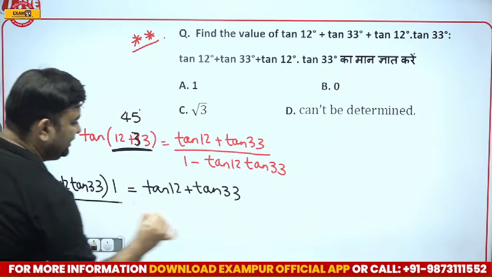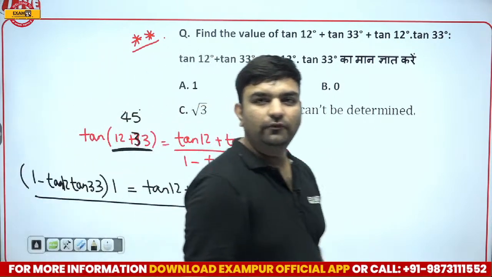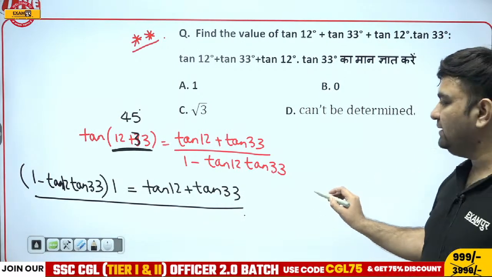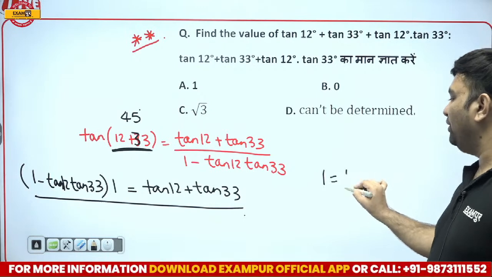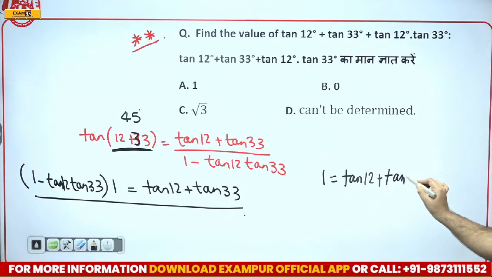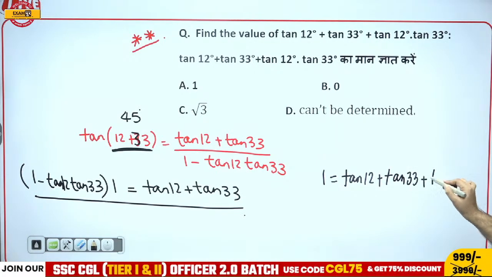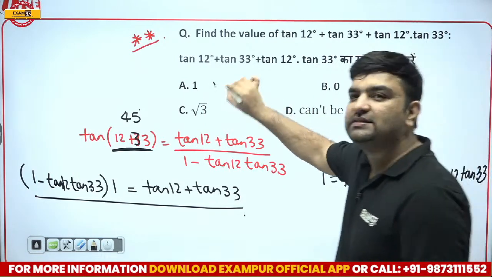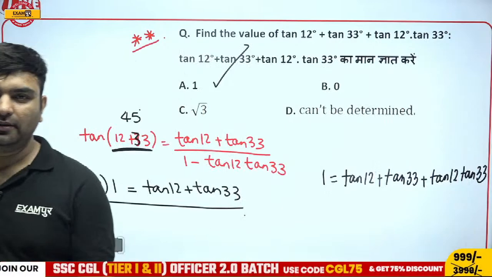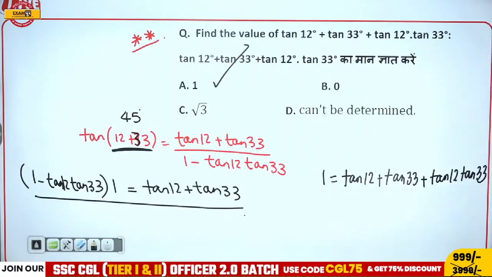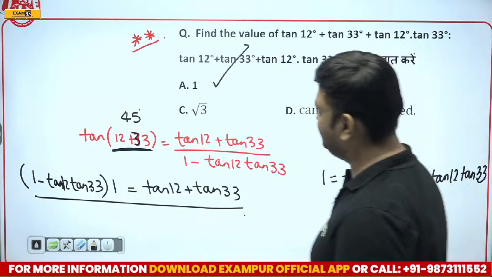Once you don't study them systematically, it becomes difficult to recognize. So 1 is equal to tan 12 plus tan 33 plus tan 12 into tan 33. I hope it is absolutely clear. What a great question.